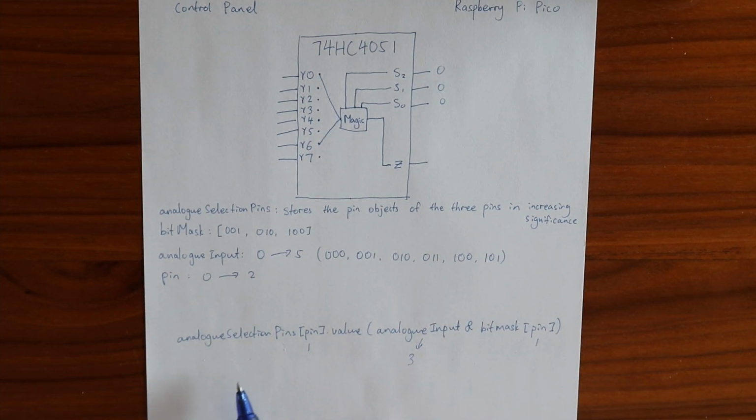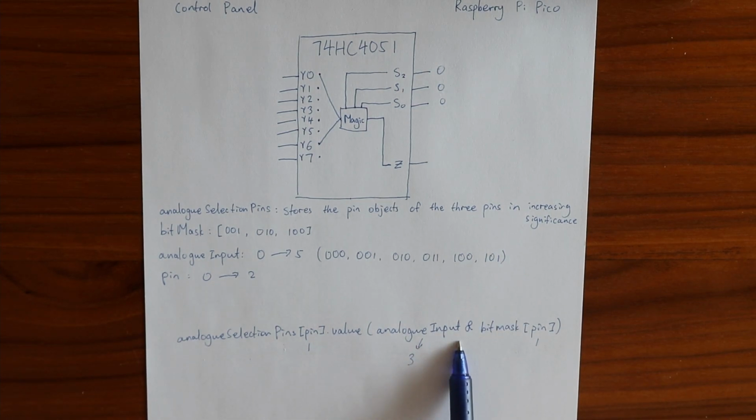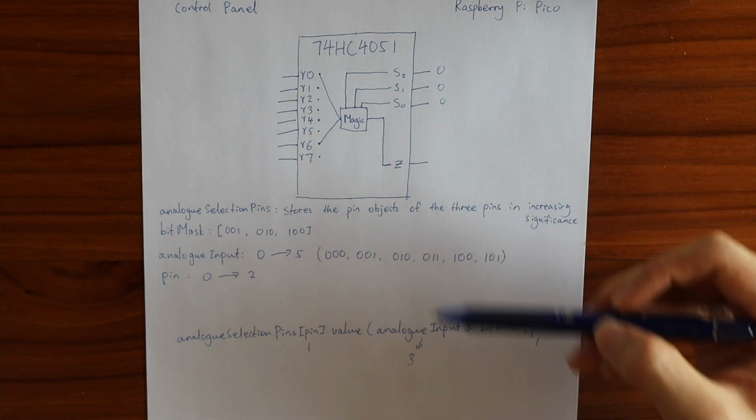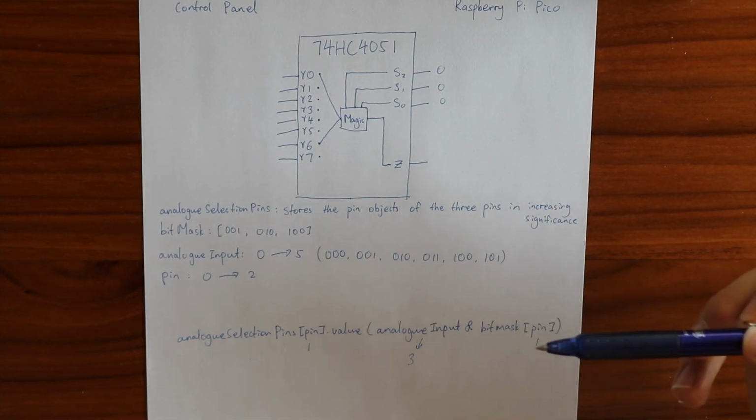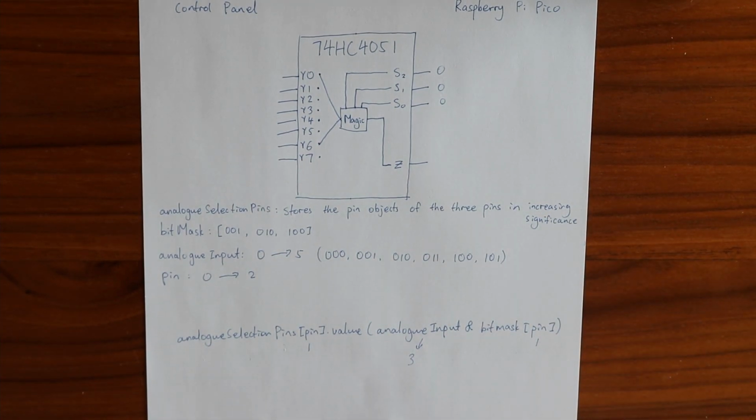But actually in MicroPython, inputting a value of 0 over here turns the pin off, but inputting any other value turns it on. So inputting 1 will set the pin high, inputting 2 will set the pin high, inputting 0.01 will also set it high. So it doesn't matter what's inside this bracket, as long as it's not a 0, the pin will be set to high.